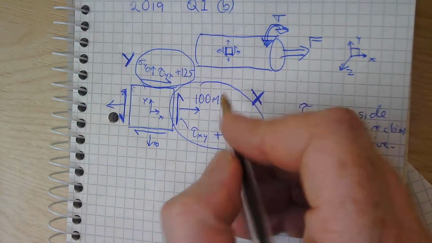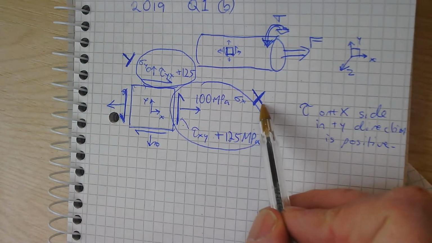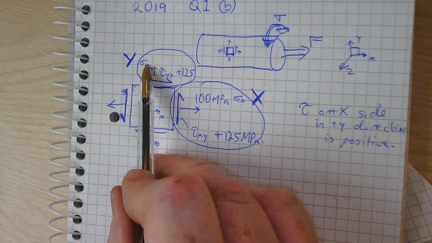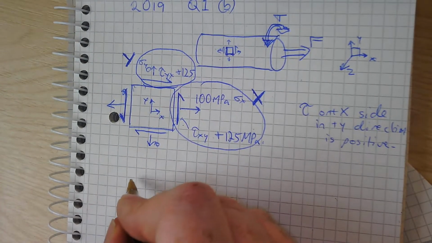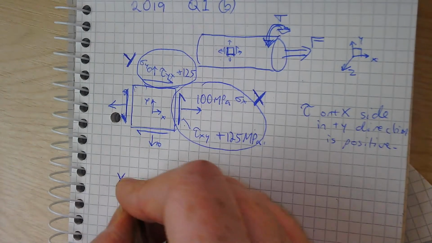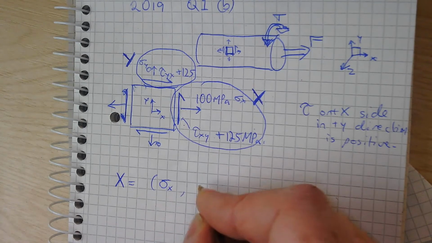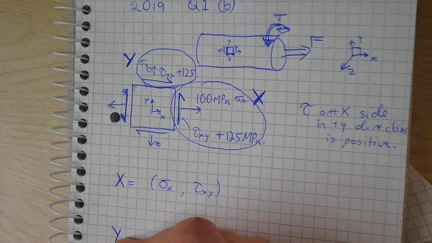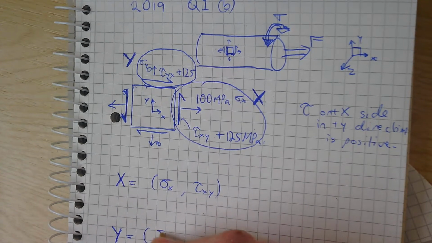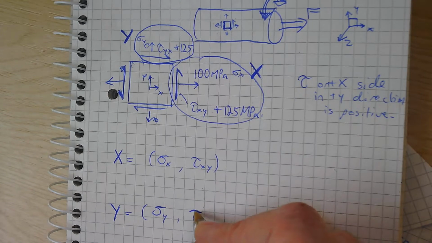So sigma x and tau xy gives you your x point, and sigma y and tau yx gives you your y point. So my x point will have the coordinates sigma x, tau xy, and the y will have the coordinates sigma y, tau yx.